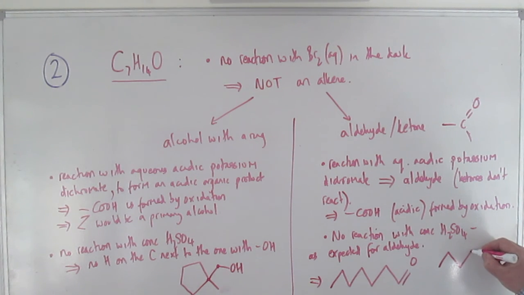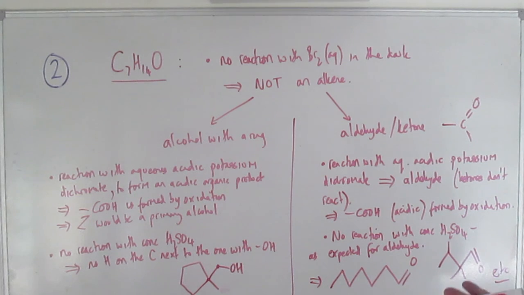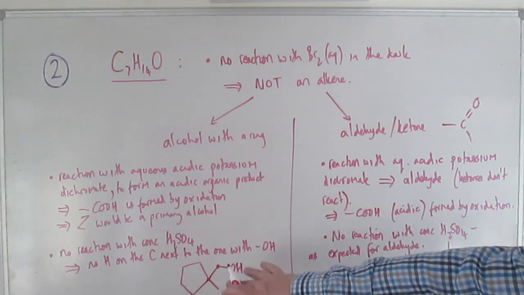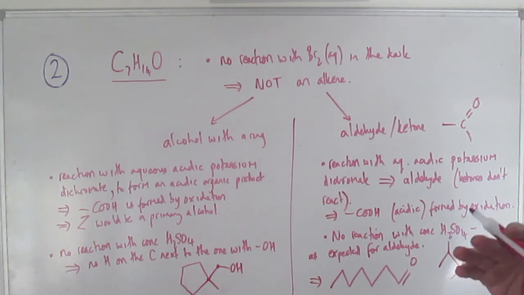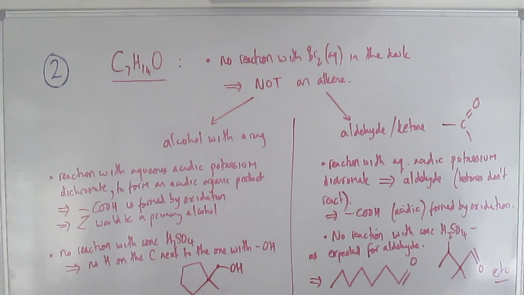So you could go to that or something if you wanted to do something a bit different. So lots of possibilities there. So that's not uncommon, that you will get questions where there is more than one possible answer. But the main thing is that you have a complete story for the one that you've come up with to show how it's consistent with all of the information.